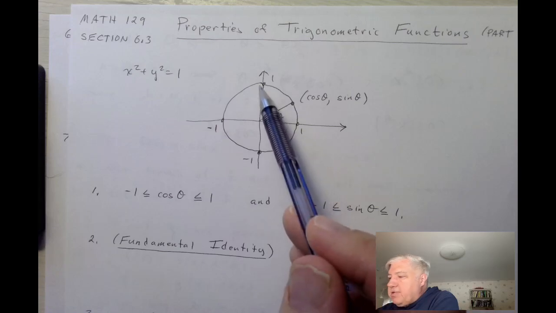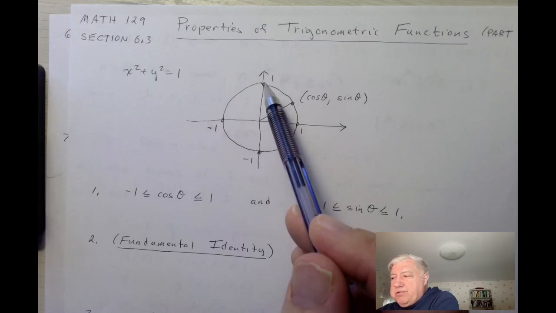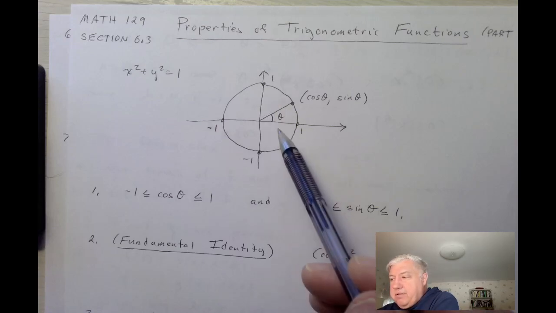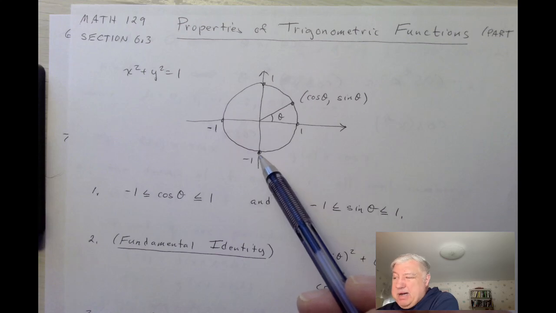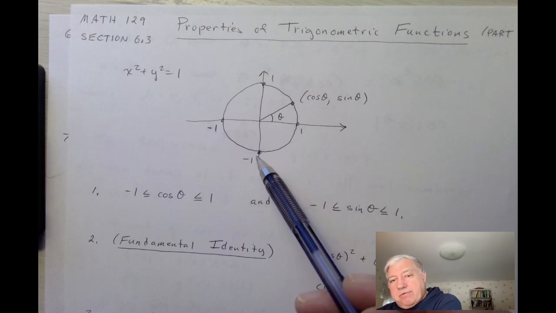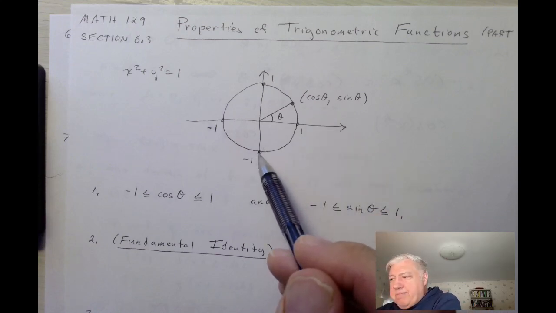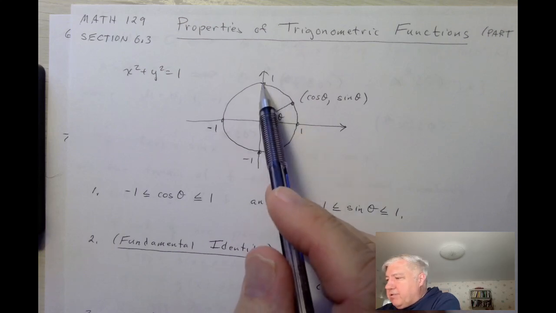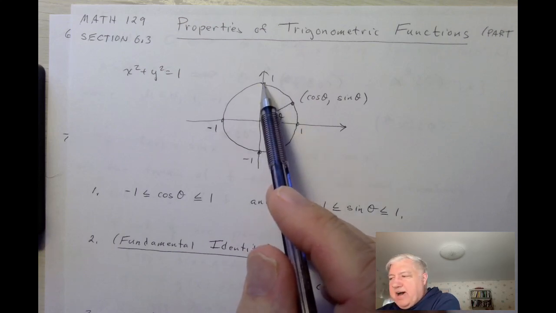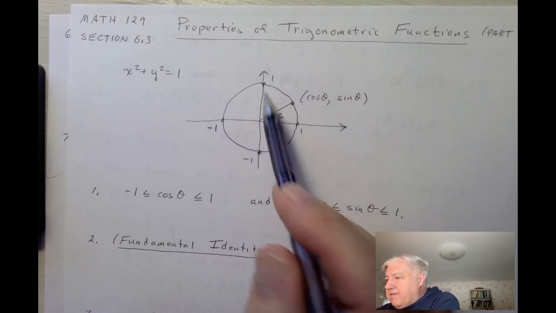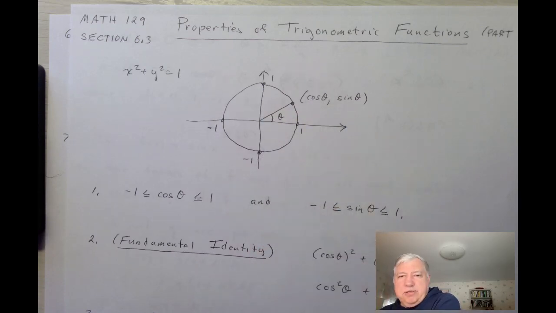This corresponds to pi over 2 radians, or 90 degrees. This corresponds to minus pi over 2, or minus 90 degrees. You could also say it's 3 pi over 2, that would work too. This would be pi over 2, this could be 5 pi over 2, 7 pi over 2, and so on, right? But it's basically these 2 points where the cosine is 0.